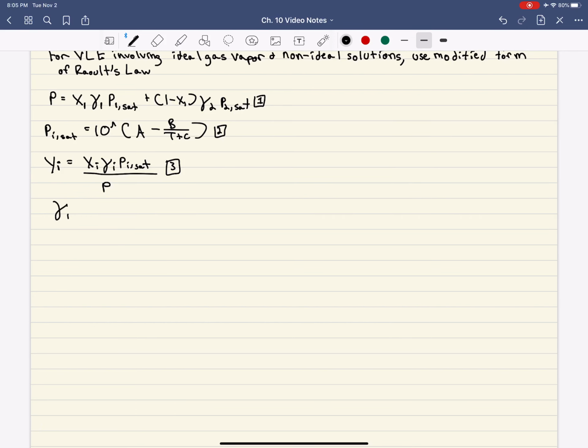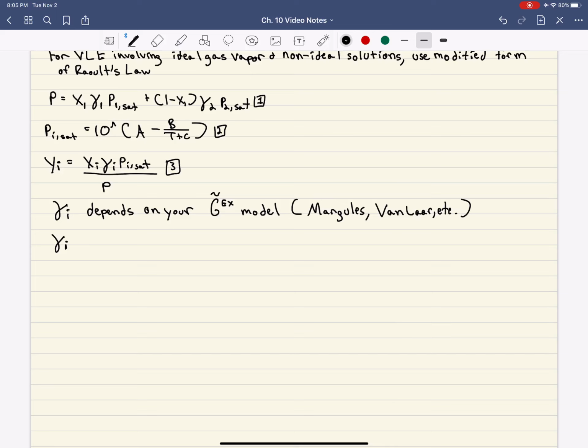And the value of your activity coefficient is going to depend on whatever you use for your model for the excess Gibbs energy. Okay? And so this is where you would need to consider if you're going to use a Margules equation or the Van Laar equation or etc. Okay?